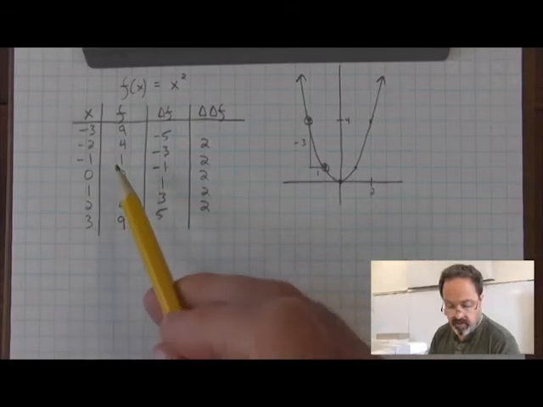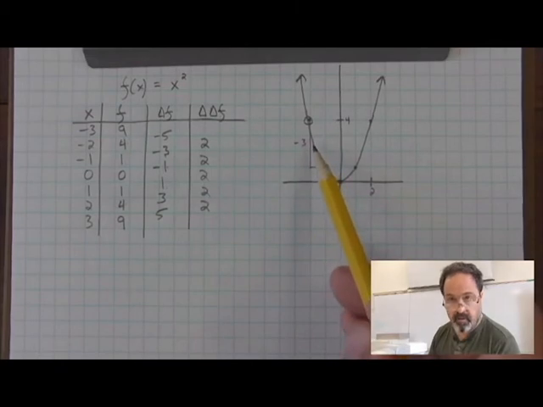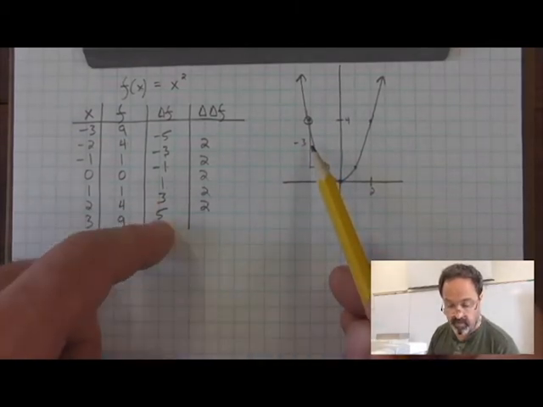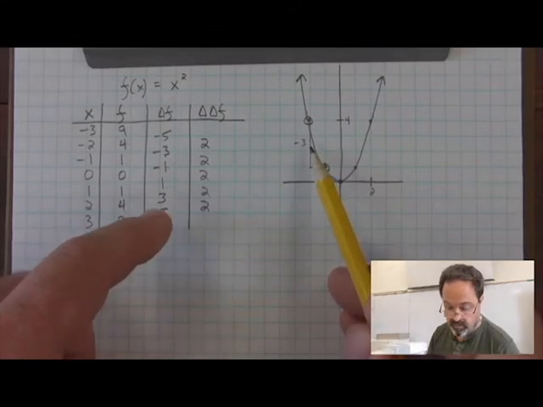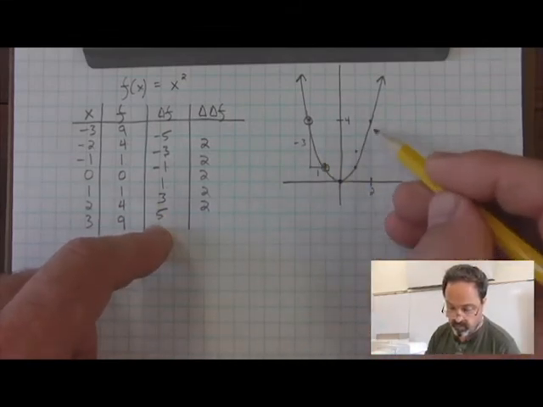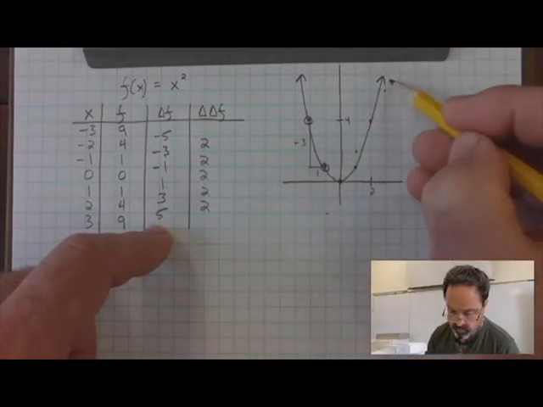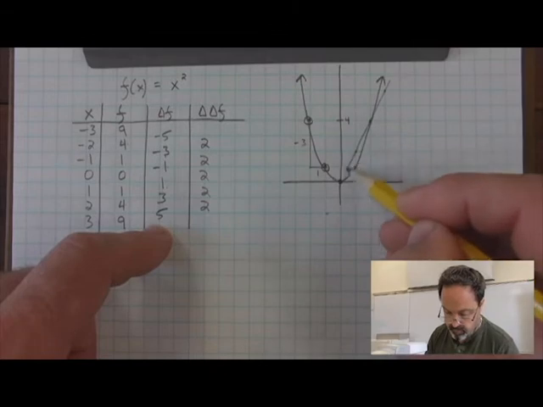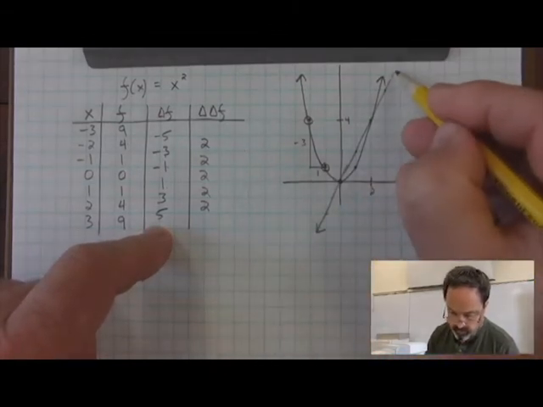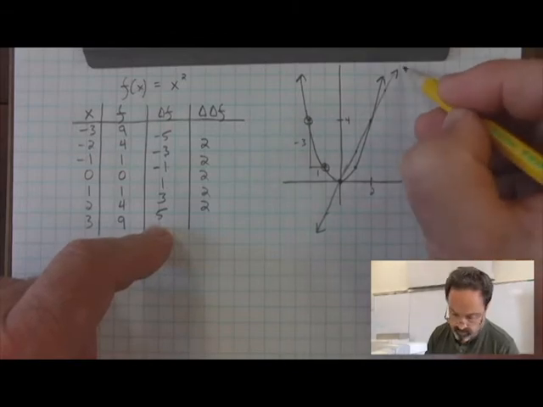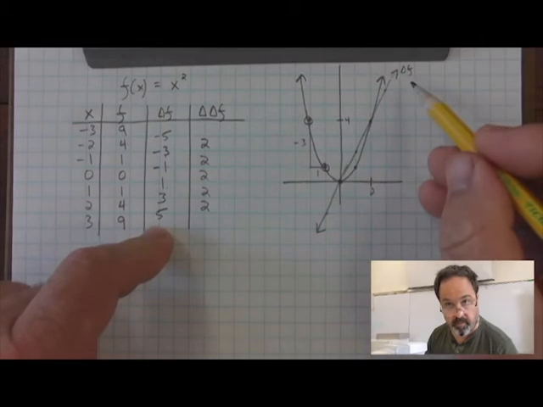I graphed F as the parabola. I can also graph delta F as its own function. Delta F's graph is going to be a line with a slope of 2. I can label this line delta F. It's a linear function.